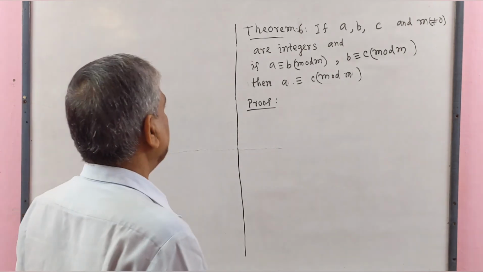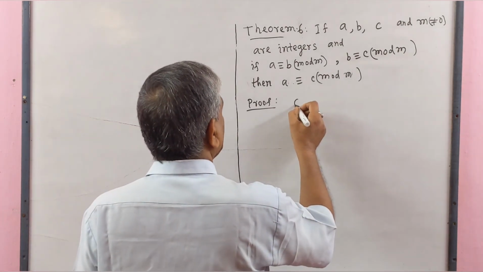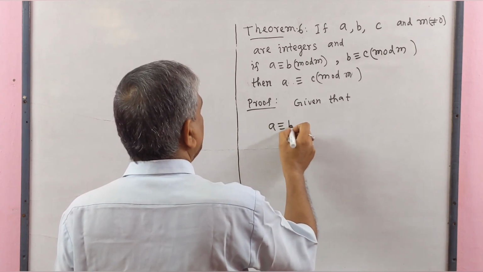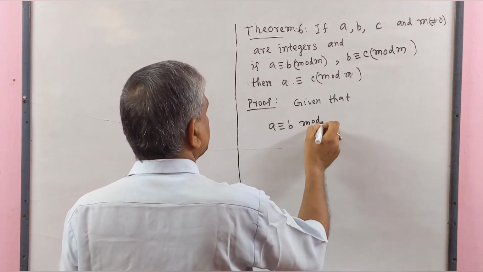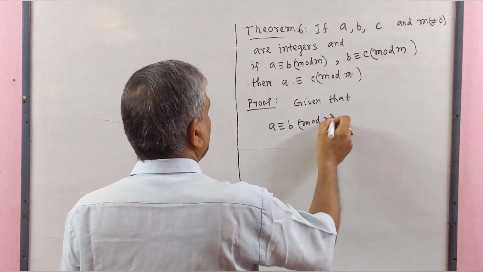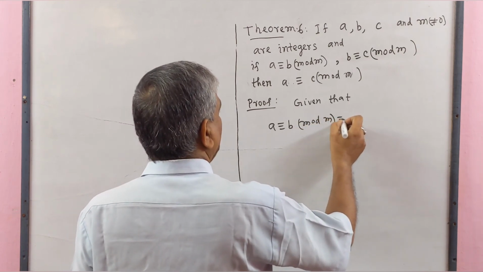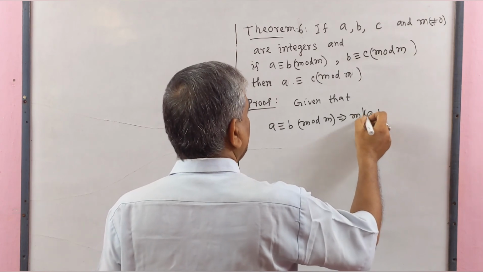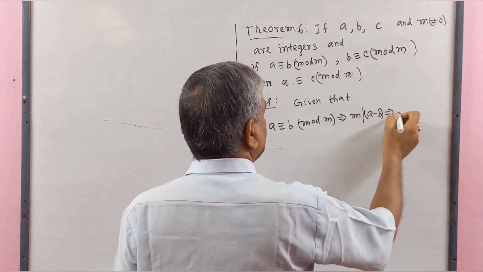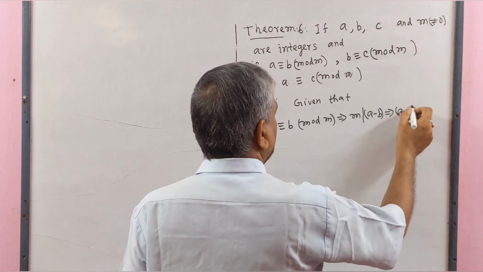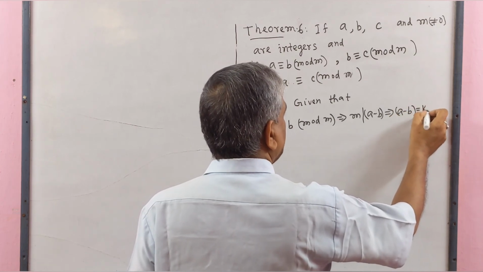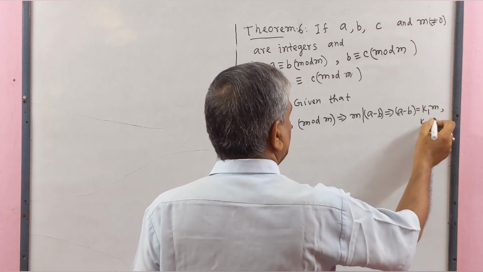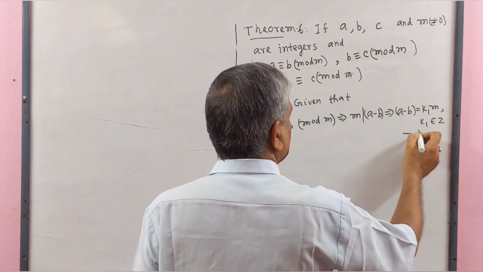Now we prove this. Given that a is congruent to b modulo m implies that m divides a minus b, which implies that a minus b equals some integer k1 multiplied by m, where k1 is an integer. Let this be number 1.